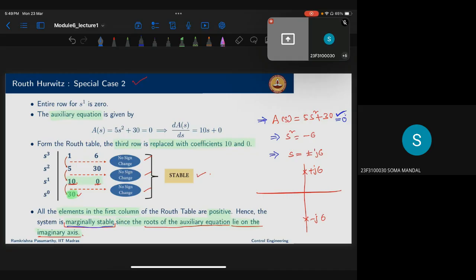The system is marginally stable, not just stable. So along with this RH table, you also need to check the roots of the auxiliary equation in this case. Is it clear?